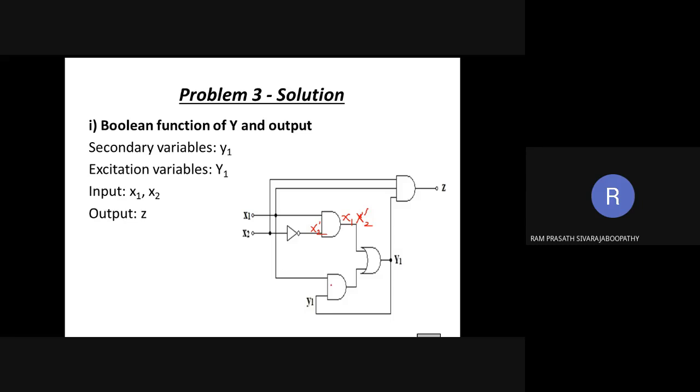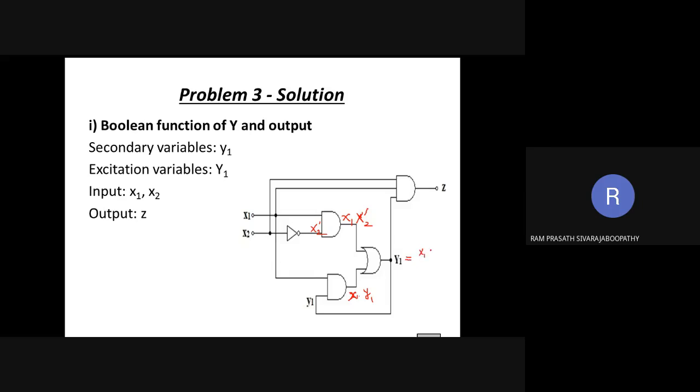Then from here we can see small y1 dot X1, X1 dot small y1. This is capital X1 star. So X1 X2 bar plus X1 Y1, that is the outcome we are having here.